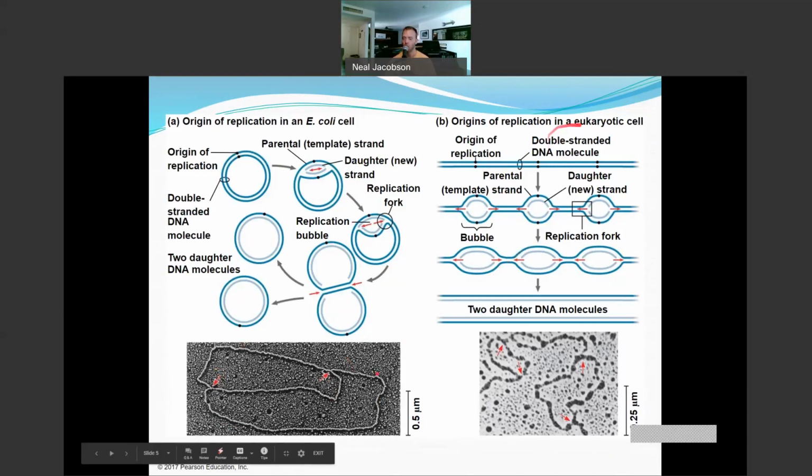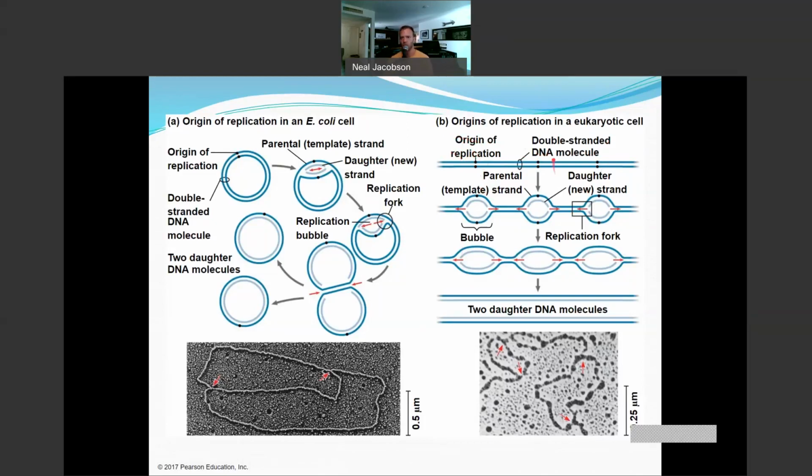But with eukaryotes, because their chromosomes are so long, they actually have multiple origins of replication. If you take your genetics class, you'll go into extreme detail on how specific nucleotide sequences attract the enzymes to these locations that start to open up the two strands from each other. I'm not terribly interested that you know that, but I think it's interesting, though it's not necessary to understand the rest of this.